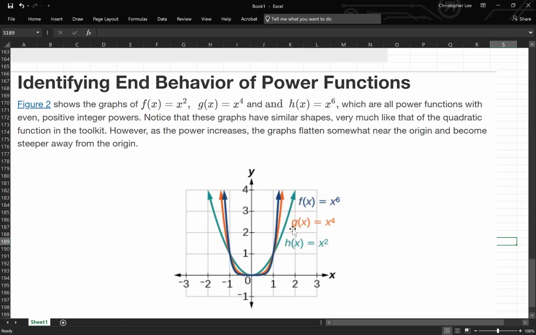You see how the power is increasing when it goes to x to the fourth? It kind of gets a little bit more flat. It's still going in the same direction, but it's more narrow. And then as the power increases even more, it just gets more narrow, a little bit steeper on the bottom. So that's what happens at higher powers.